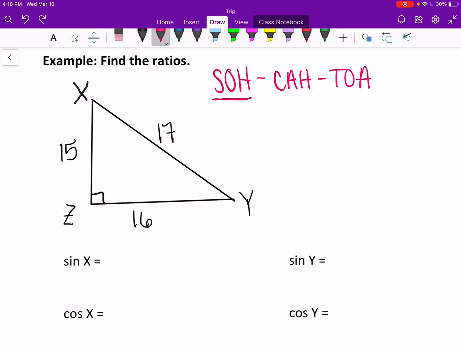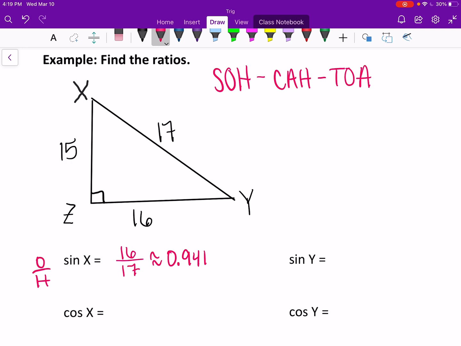Sine is opposite over hypotenuse. So I know I'm using opposite over hypotenuse. The side opposite of our angle x is 16. And the hypotenuse of our triangle is 17. If we put this in a decimal form, 16 divided by 17, this is approximately 0.941, and I'm rounding to 3 decimal places.